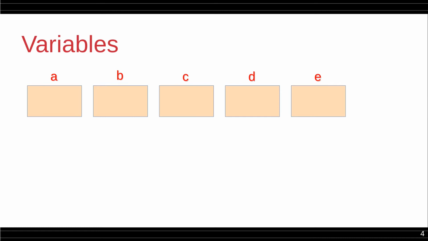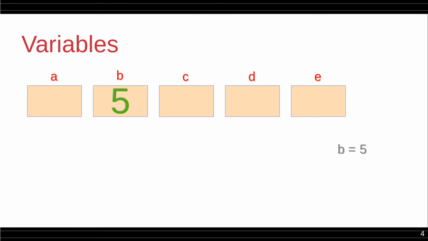Let's assume we want to put the number 5 in box B. Variable B. We have to give the computer a command in order to do that. And that command is B is 5. In other words, put 5 in variable B. That's all it takes. So 5 is put into variable B. We're done.